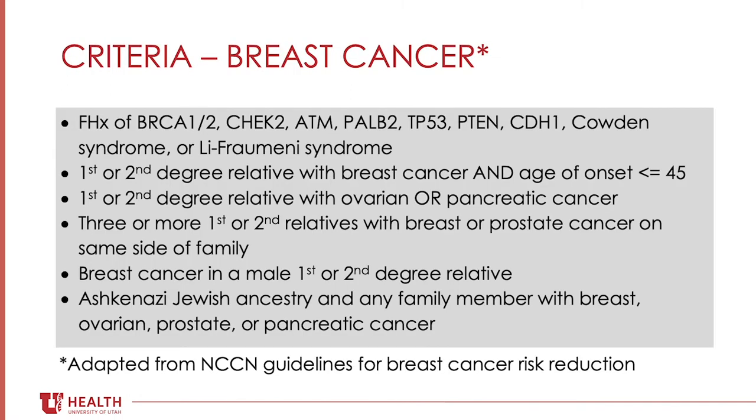We will go through the NCCN guidelines in detail, but we adapted the guidelines for breast cancer risk reduction as well as colorectal cancer risk reduction in developing the algorithms to identify individuals potentially at inherited risk of cancer. To highlight a few features of the NCCN guidelines for those of you who may be less familiar with them, as you can see, there's a great deal of detail based on family relationship, type of cancer diagnosis, age of onset, and potentially having a cancer syndrome in the family.